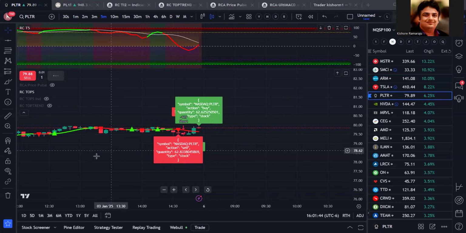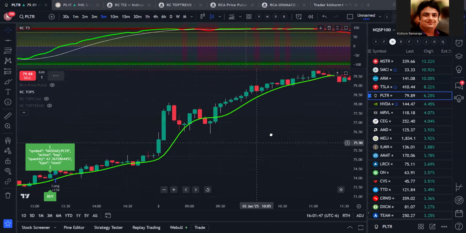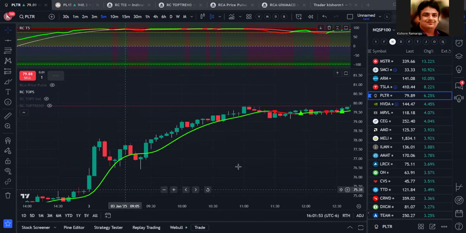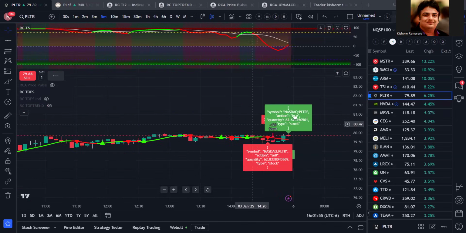So your loss will be small, your gains will be huge. You bought 134 quantity here at around $73. It went all the way to 79. There was a small pullback. Immediately it started going up.